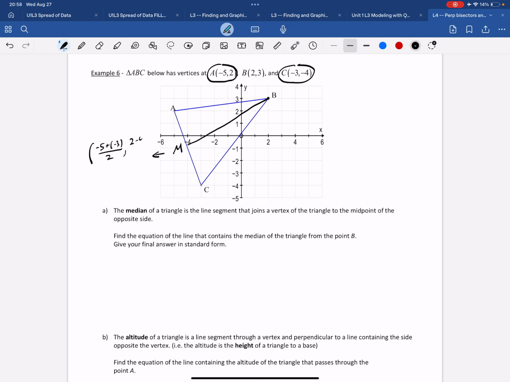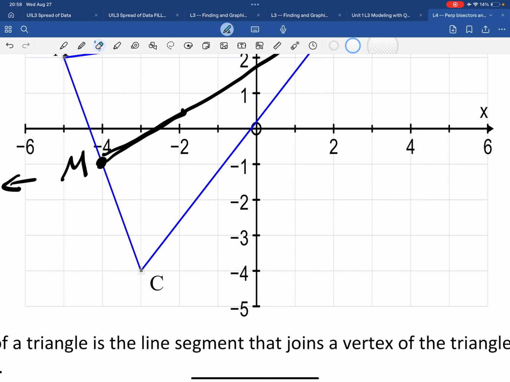That's going to be -1. So the midpoint is -4, -1, right there. You can draw a little bit more accurately now. Give you guys some time to write too.